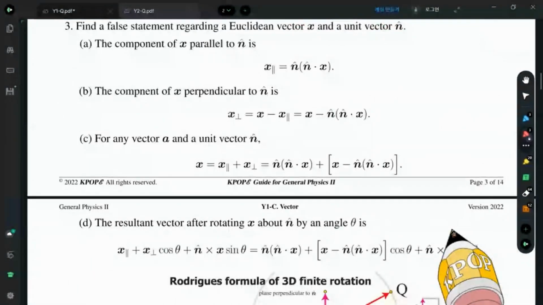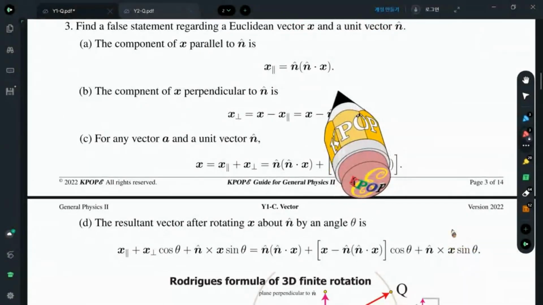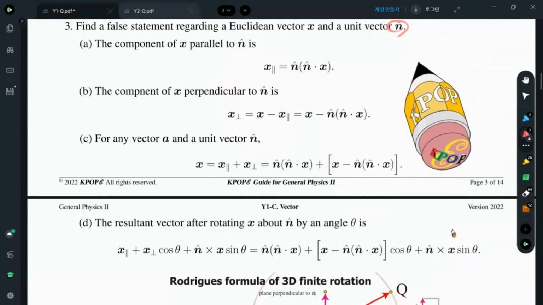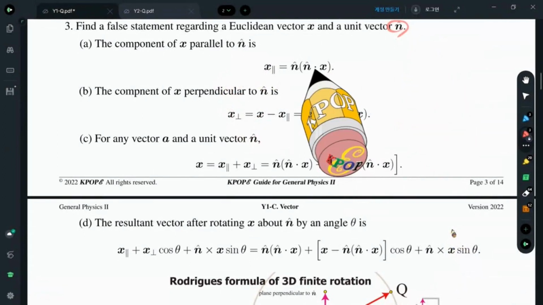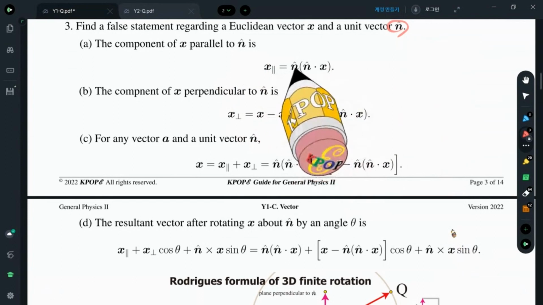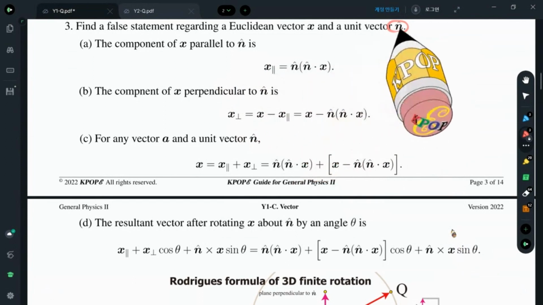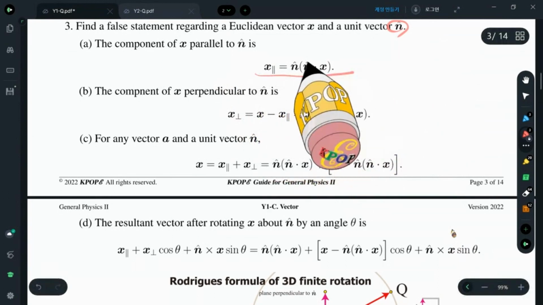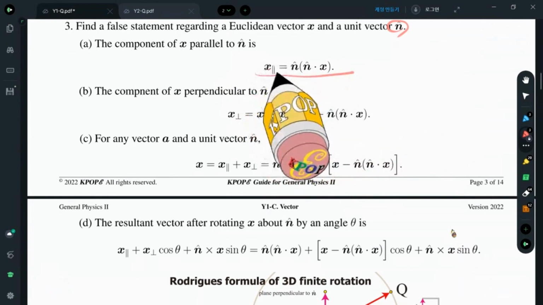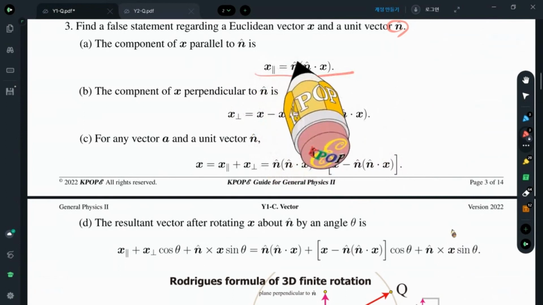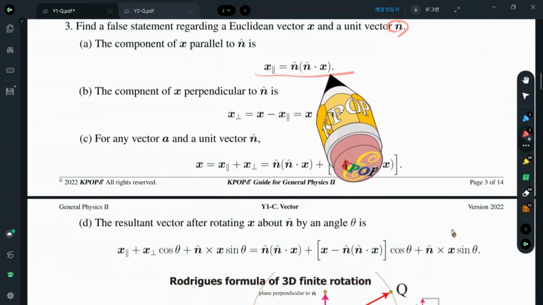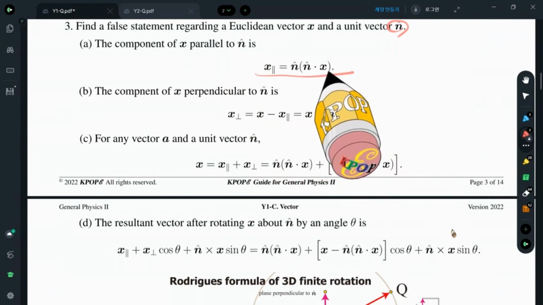Any vector can be decomposed into two pieces if we bring in a unit vector, an arbitrary unit vector n hat. We can find the component parallel to n hat. So x has the parallel component to n hat with the magnitude of the scalar product between n hat and x.